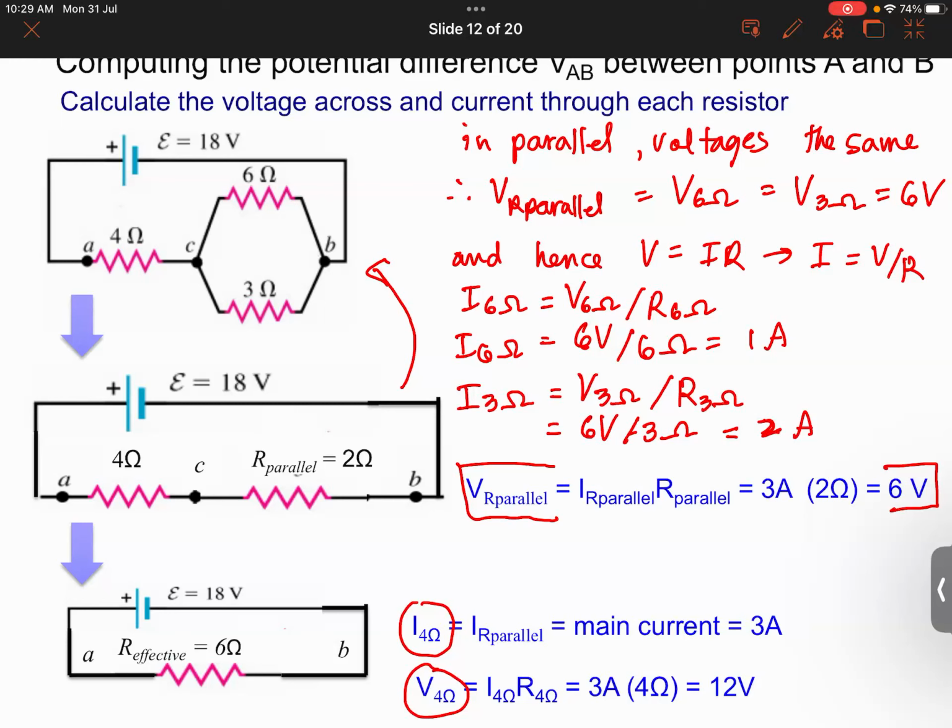And you can also do a quick check. You know that the current here is 3 amps, so the current entering the parallel connection is 3 amps. The 3 amp current divides into the 6 ohm and 3 ohm currents.